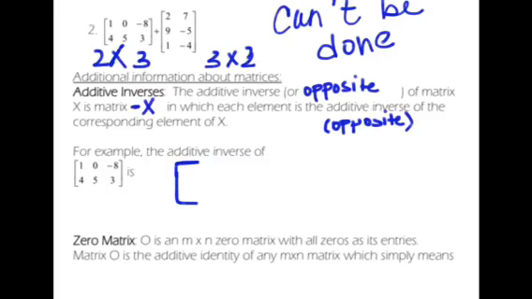The opposite of 1 is negative 1. The opposite of 0 is still 0. The opposite of negative 8 is positive 8. The opposite of 4 is negative 4. The opposite of 5 is negative 5. The opposite of 3 is negative 3.